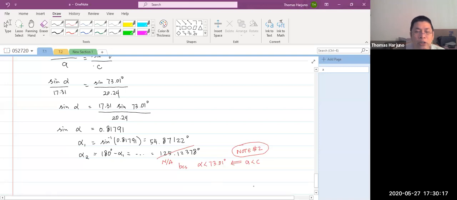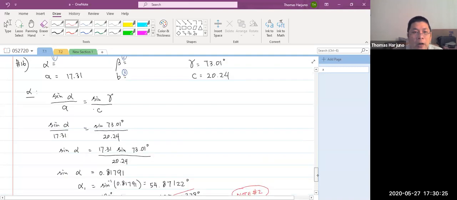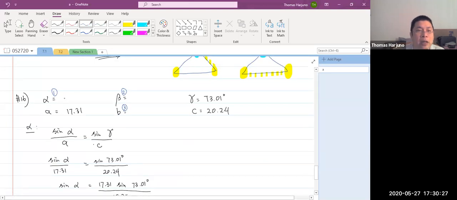Okay, so we use that knowledge that we learned from geometry to cancel one of the possible solutions. Okay, so if I go back there, I then get this guy is 54.87622 degrees.